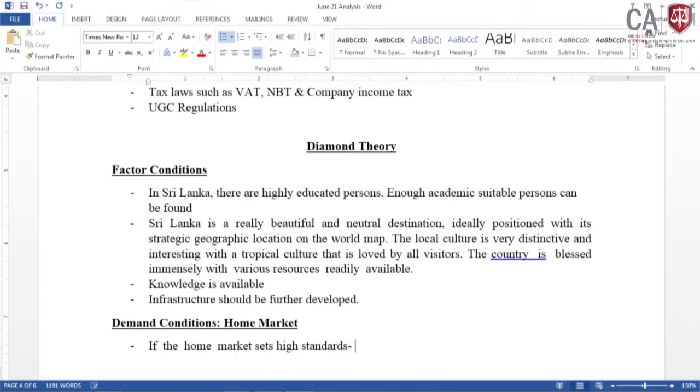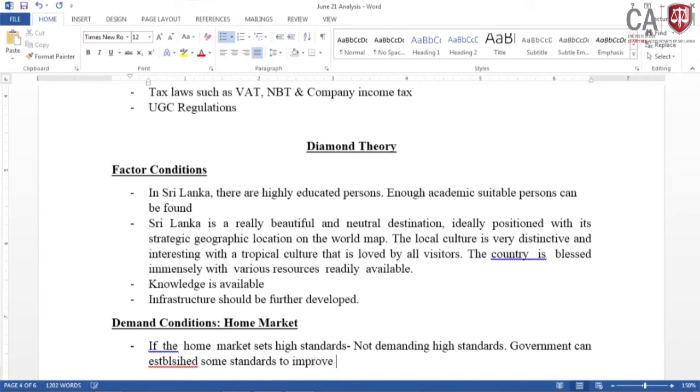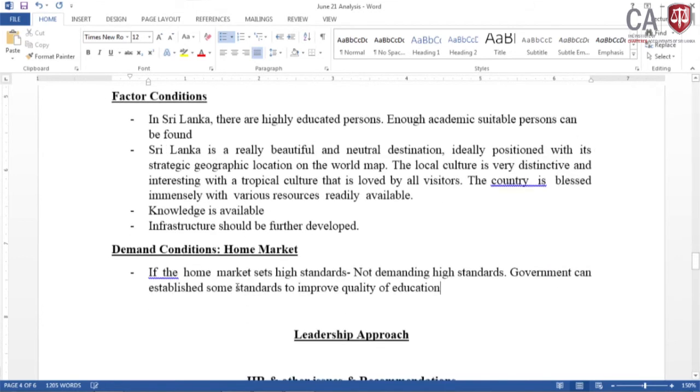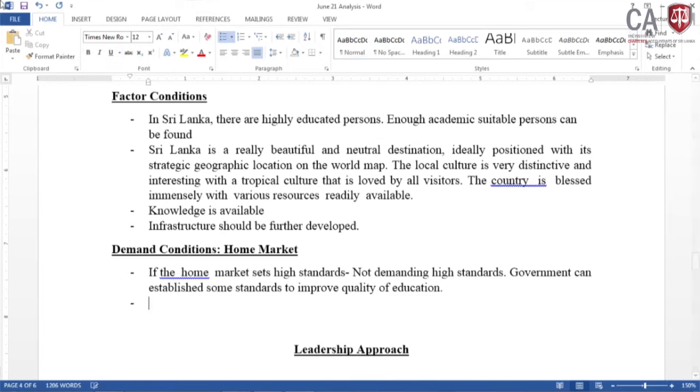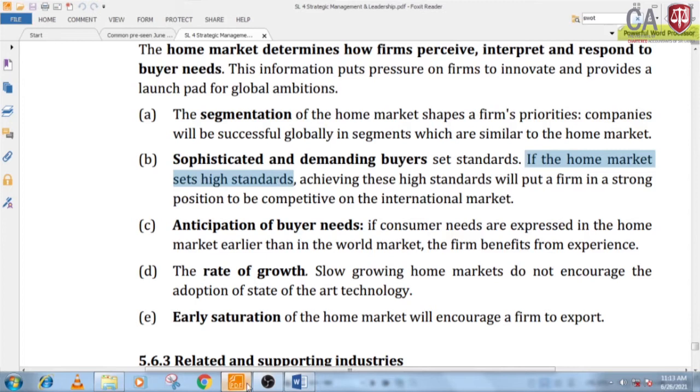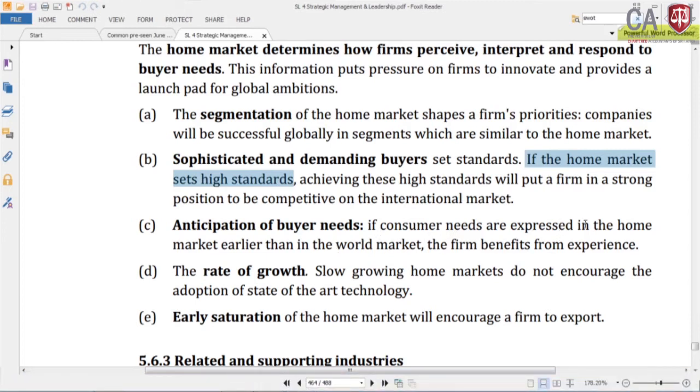What is the answer on this one? Not demanding high standards, no. So what the government can do is establish some standard to improve the quality level, to improve the quality of education. Then anything else we can look at?